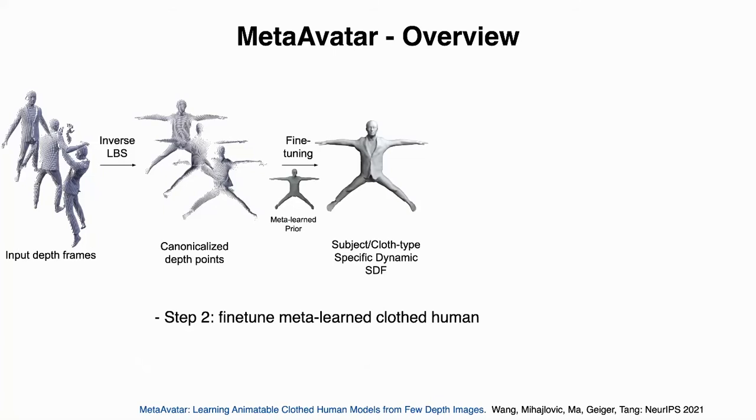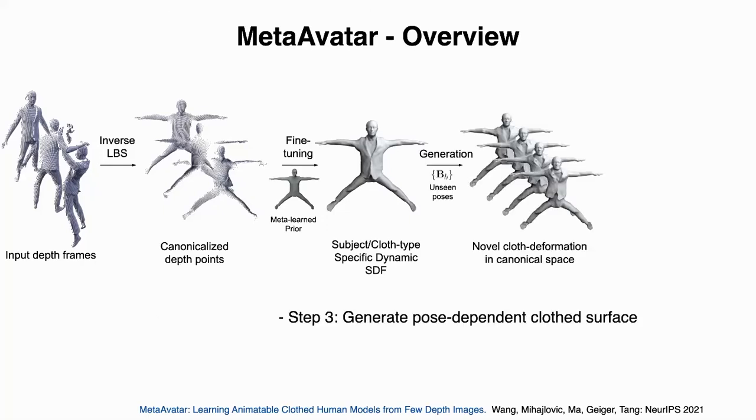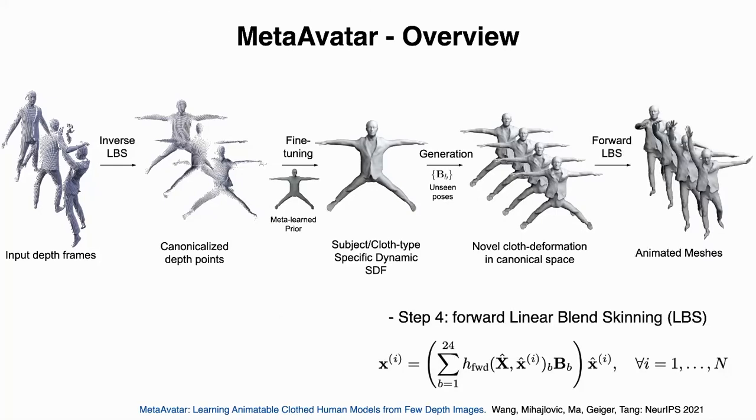Then we use the canonicalized depth points as fine-tuning data to fine-tune our meta-learned prior. After fine-tuning, we obtain this instance-specific neural avatar, and then we can generate pose-dependent clothed deformations given unseen poses. Then we can apply forward LBS to get animated bodies.